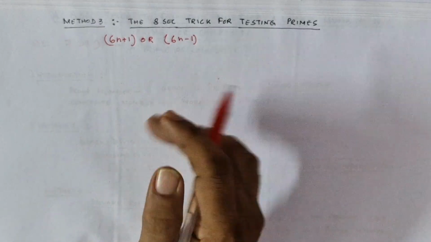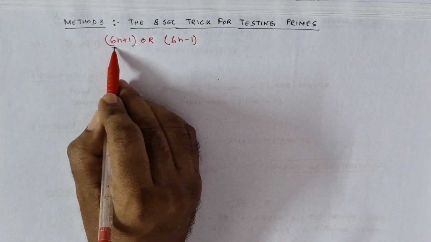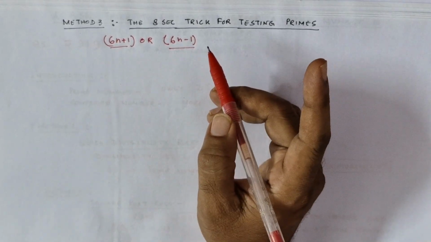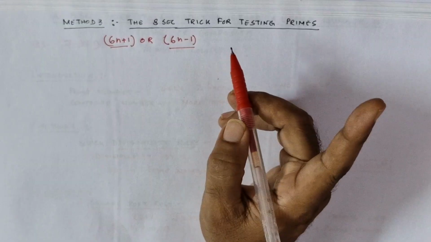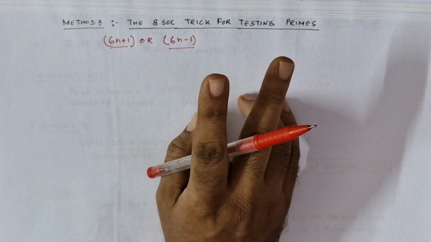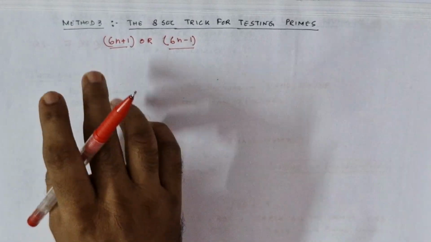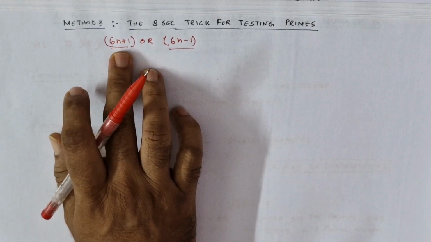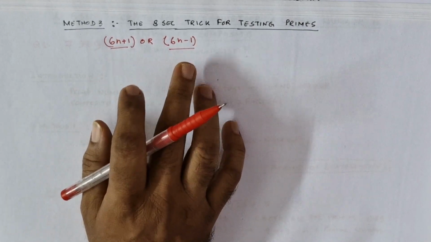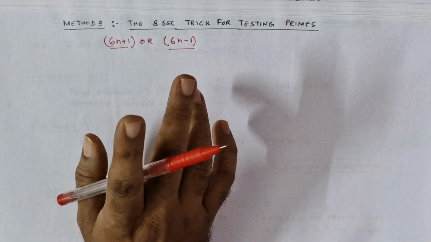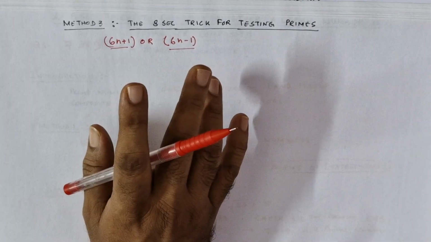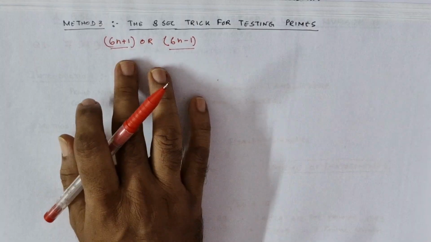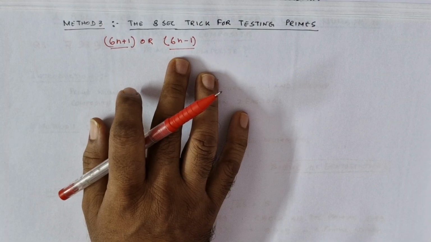So if a given number can be represented in either of these forms, we can say that number is a prime number. Got it? We have to remember two things here. If a number is prime, it must be in the form of either 6n plus 1 or 6n minus 1, but the reverse is not true. That is, it is not always true that all numbers of the form 6n plus 1 or 6n minus 1 are primes.